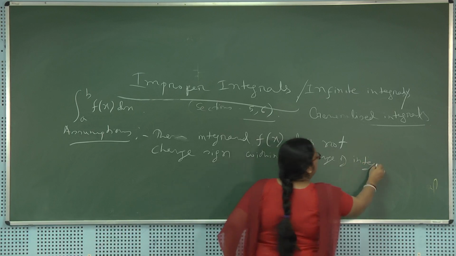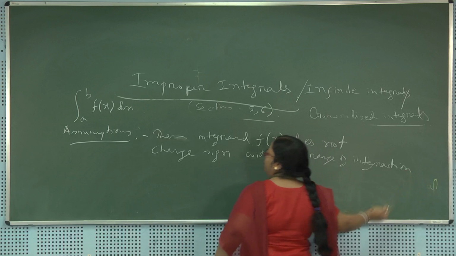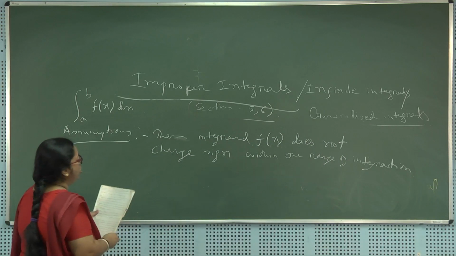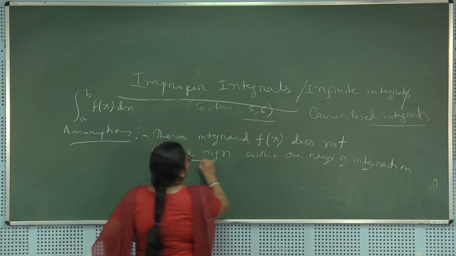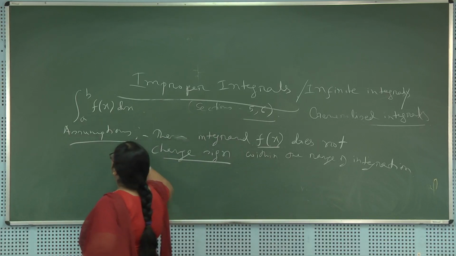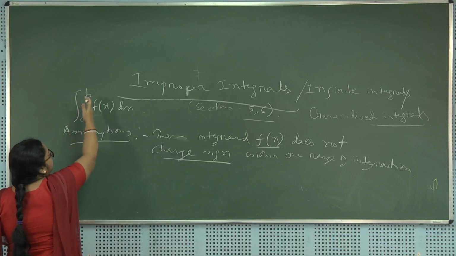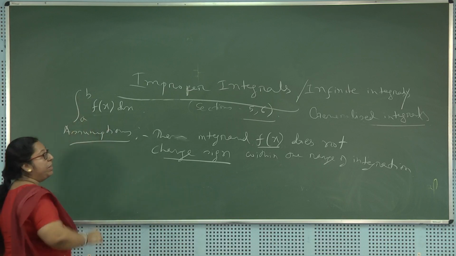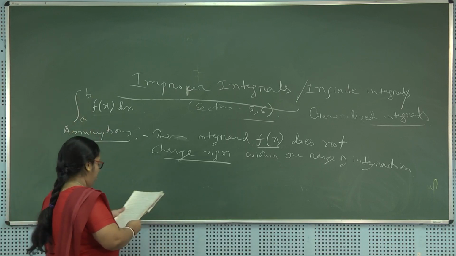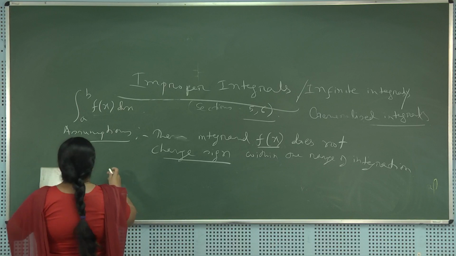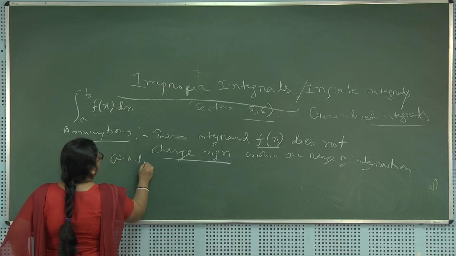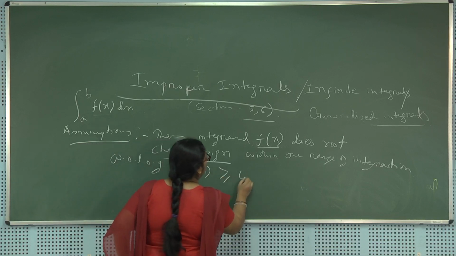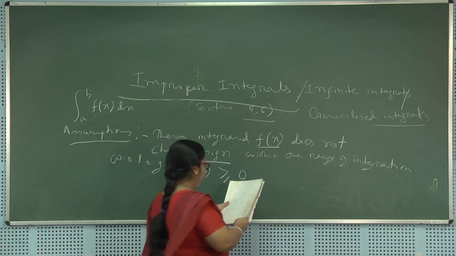Then you will ask, ma'am, what will happen if it changes sign? Yes, we will come to that point as well. When it changes sign we will deal with it a little later. First of all we deal with the assumption that our function does not change sign. That means it either stays positive throughout the range of integration or it becomes negative throughout, but does not fluctuate or change sign. So, without any loss of generality, we assume that our integrand f x is greater than or equal to 0 throughout the range of integration.